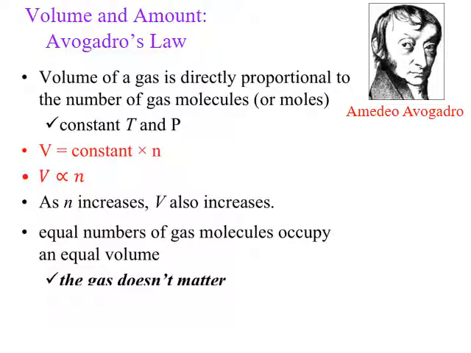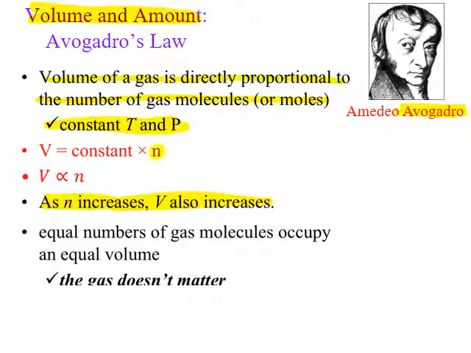The next law is called Avogadro's law. It was given by Avogadro, and this law relates the volume of a gas and the amount of the gas, where temperature and pressure are constant. So if you have more gas, it will occupy more volume. That's exactly what this law tells us. The volume of a gas is directly proportional to the number of gas molecules, meaning as the amount of gas, or the moles of the gas, increases, the volume of the gas also increases.